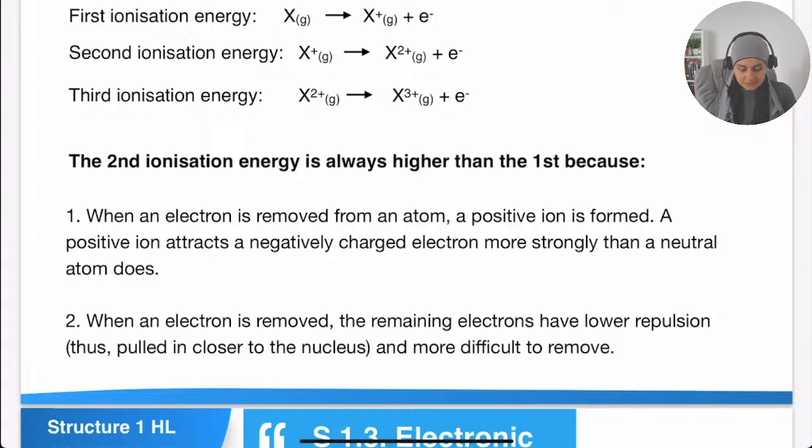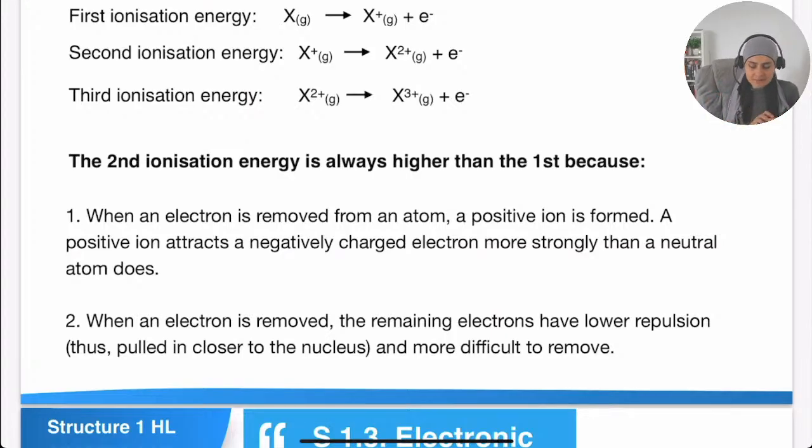Explanation: when an electron is removed from an atom, a positive ion is formed. When you remove the first electron, you're removing it from the neutral atom, but the second electron you're removing from the positively charged ion. And a positive ion attracts negatively charged electrons more strongly than a neutral atom. That's the first explanation, probably 1 mark.